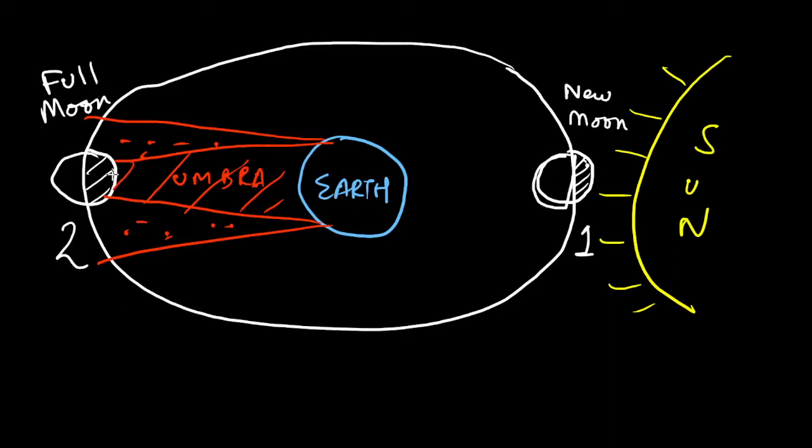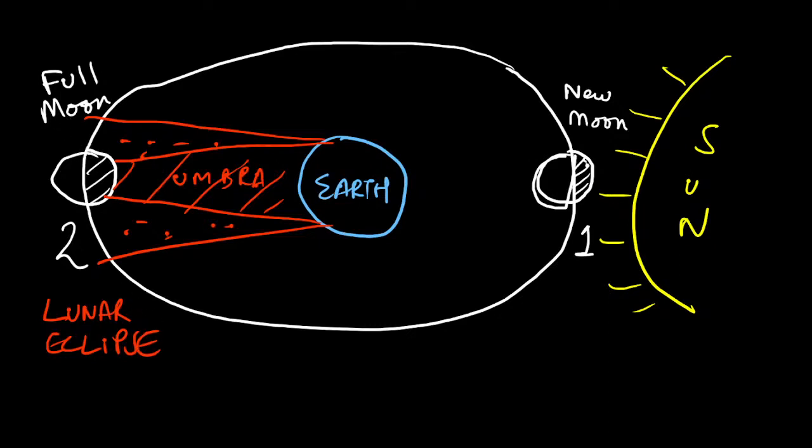So if the brightness of the moon is say 100%, what you will observe from earth might be say 90% or 80%. That's why the moon is kind of eclipsed by the shadow of the earth. This is known as lunar eclipse, and therefore lunar eclipse happens only in the position of full moon.